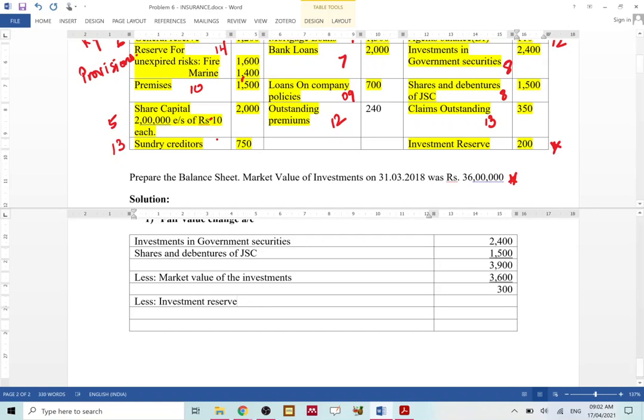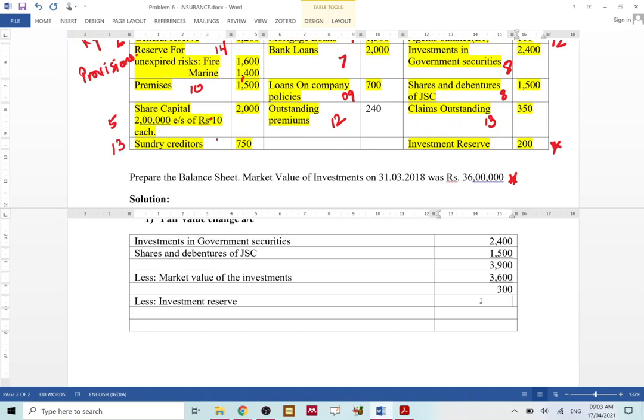So what is this investment reserve? It's like a provision. How do we keep a provision for bad debts? You know you're going to suffer a loss. You know there will be some debtors who will not pay, and you will end up having bad debts, right? So we firstly make a provision for bad debts, isn't it? So that even if such loss is incurred, it is taken care of by the provision.